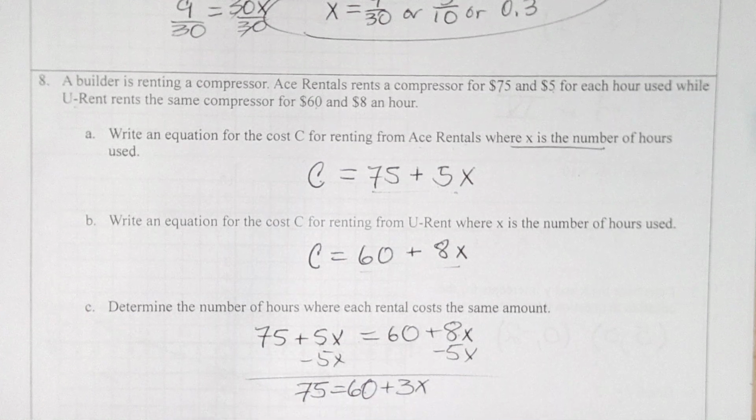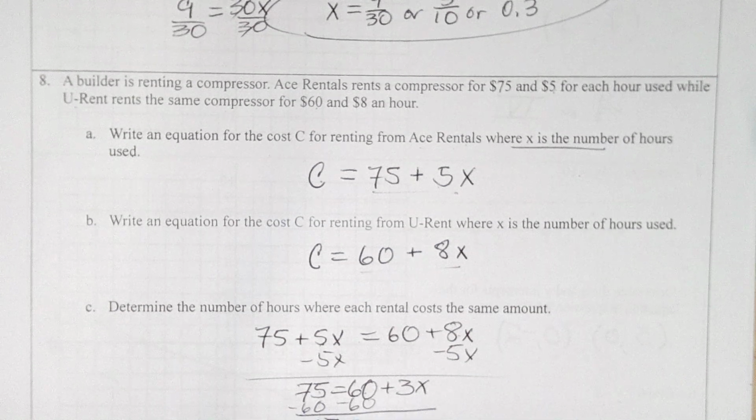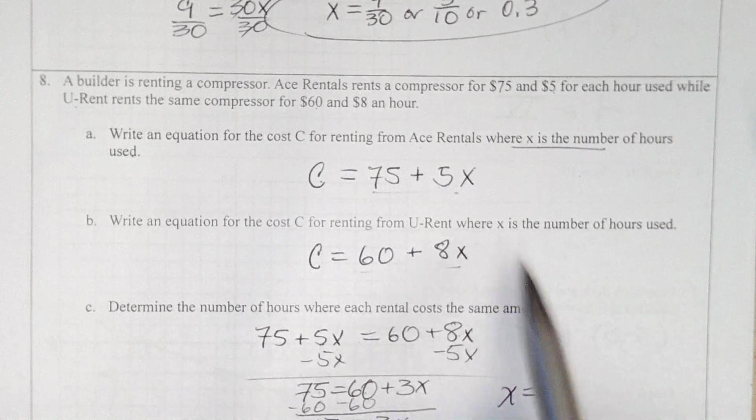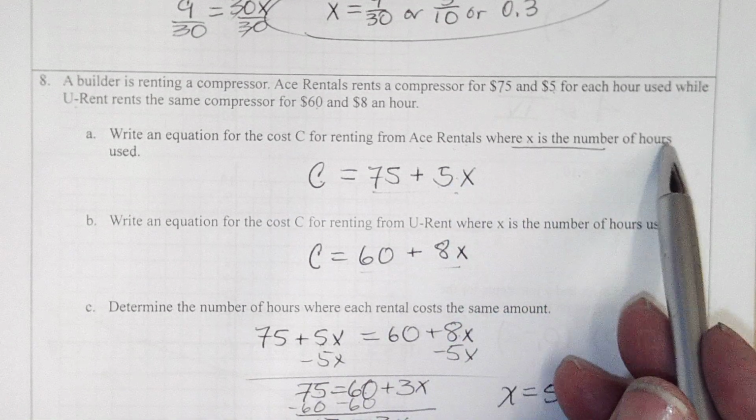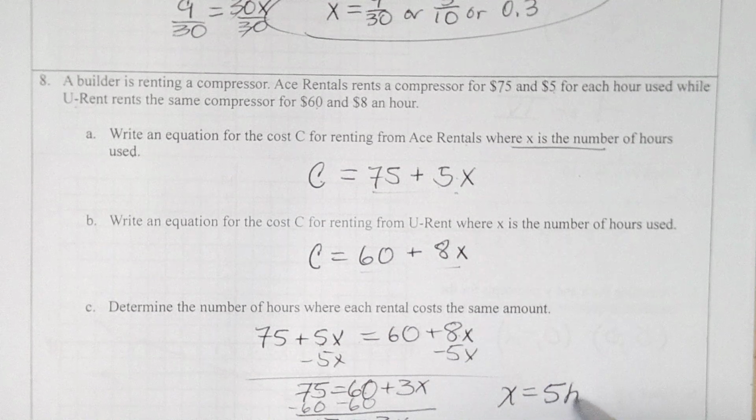I'm going to subtract 60 from both sides. And I get 15 is 3x. And if I divide by 3, I get x equals 5. This is a story problem, so there's probably units for this. And x was standing for the number of hours, so 5 hours.